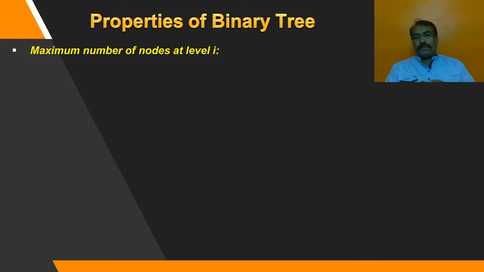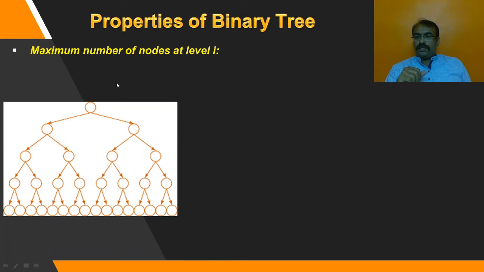So the first property of a binary tree we can see is how many maximum number of nodes we can have at a level I. Level means the hierarchical arrangement. Your root is at level 0, then level 1, then level 2, then level 3.